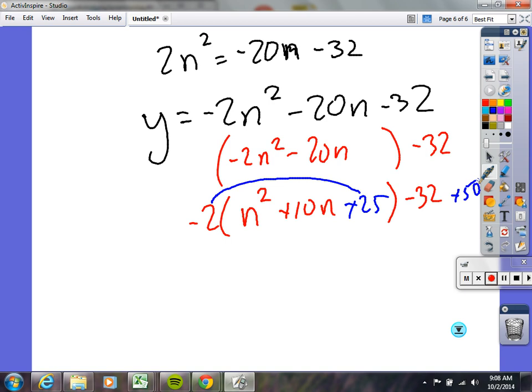Okay, so we balanced, right? Do you guys understand where the 50 came in? Okay, so therefore this is negative 2. And as Jesse said, if the pattern's been following, this should be n plus 5 quantity squared plus 18.